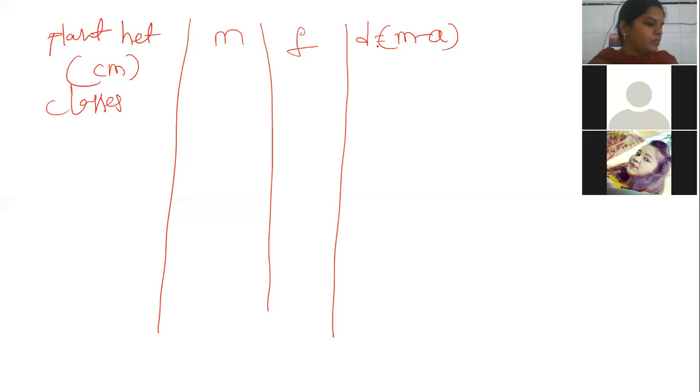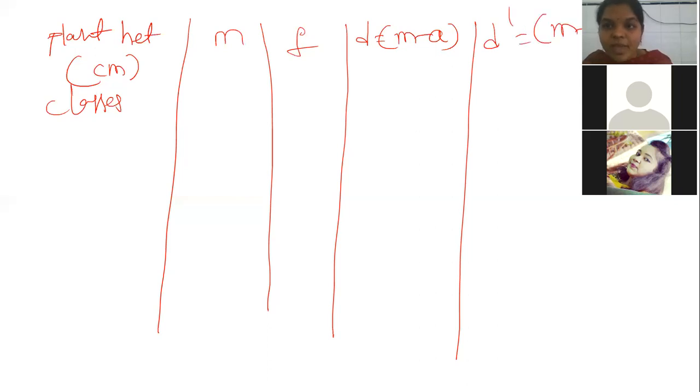Next, d dash, that is m minus a by i. The last one is f into d dash. See, ma'am, the data will remain the same as the before problem.